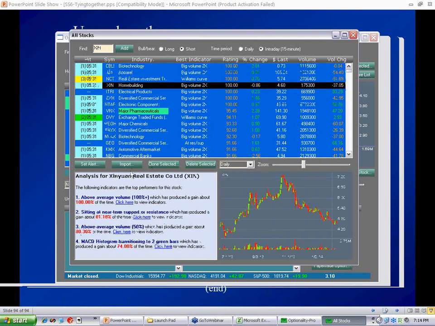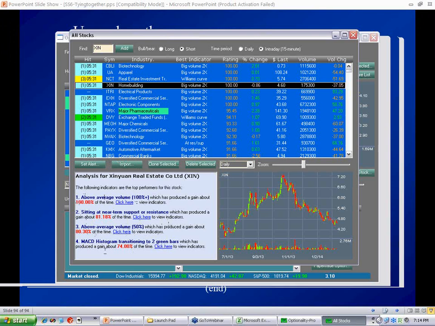By hits, it means whether or not that stock has that indicator right now. And in this case, they all have 4 best, okay?